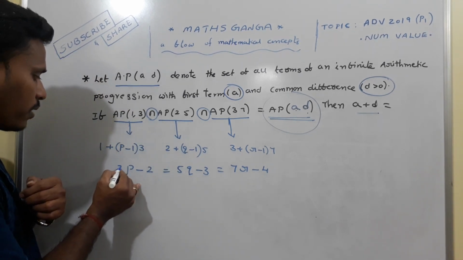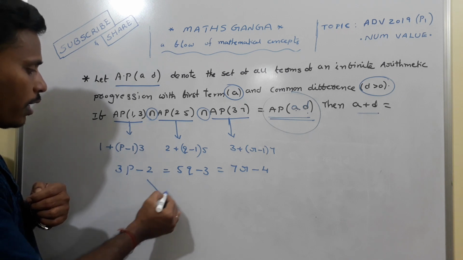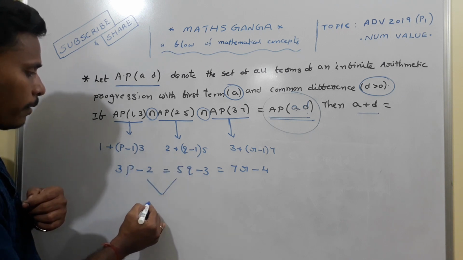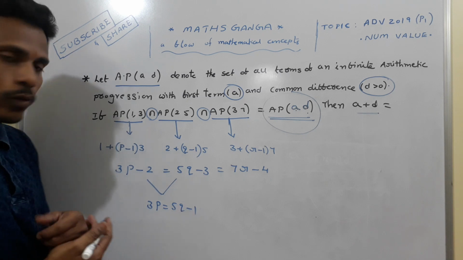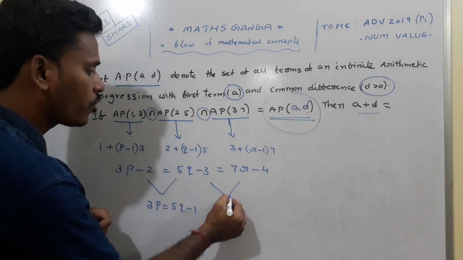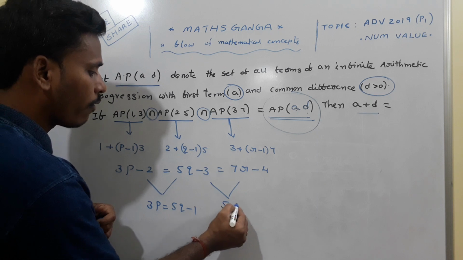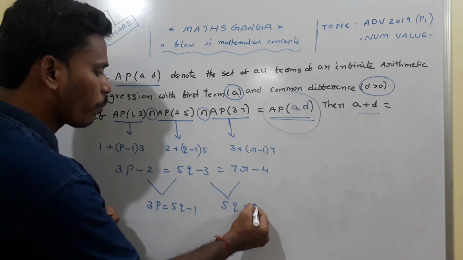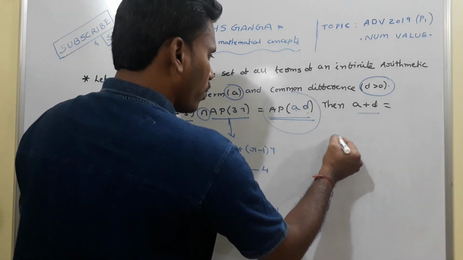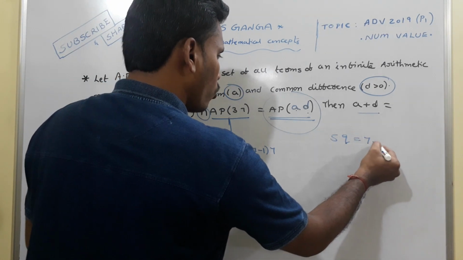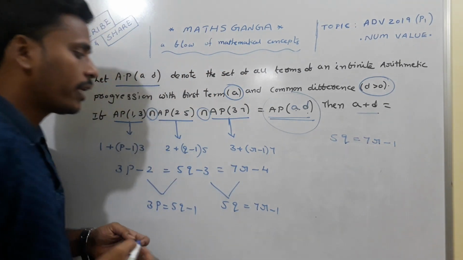Now if you equalize the first two, 3p is equal to 5q minus 1, and if you equalize the last two, you will get 5q is equal to 7r minus 1. If you look here, 5q is equal to 7r minus 1.